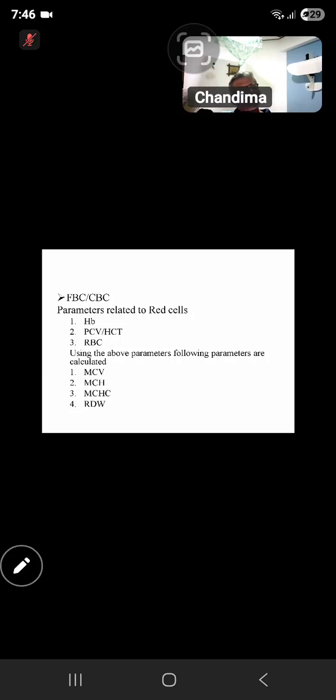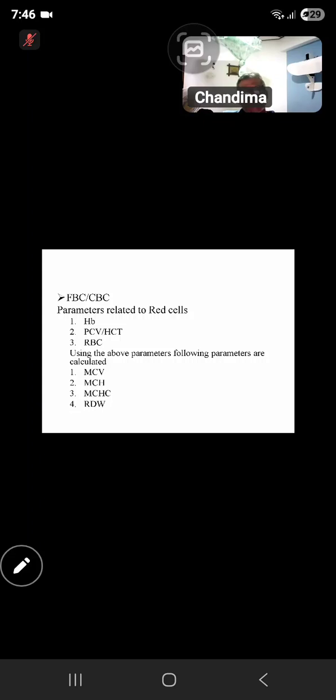But when we talk about the HCT, no plasma trapping is there. Plasma is not trapped in HCT because we count purely cells only. Because of that, when we compare PCV and HCT, HCT is slightly lesser than the calculated PCV.